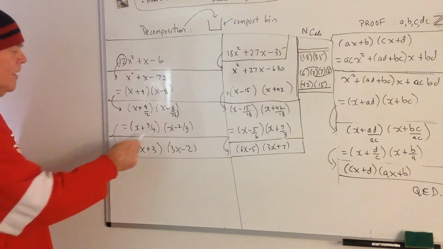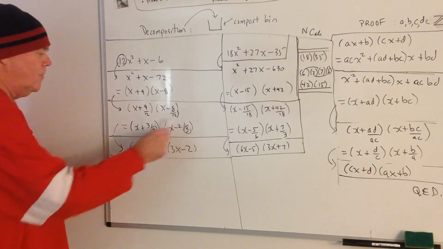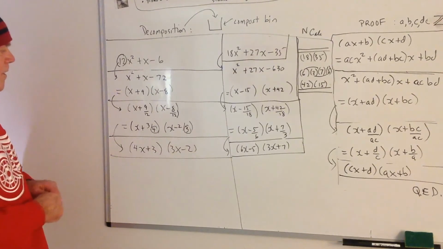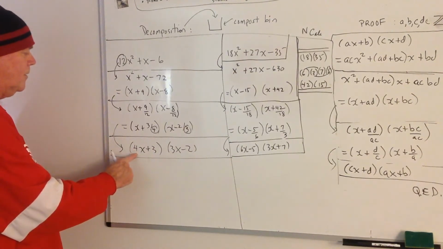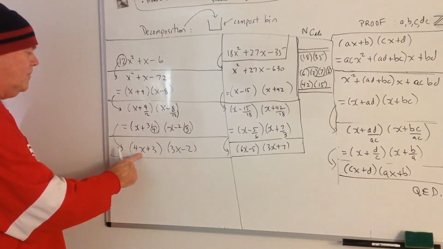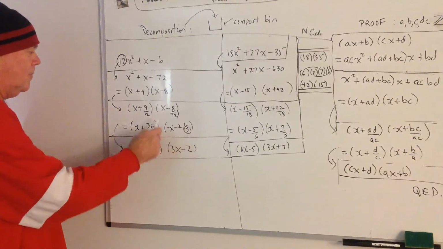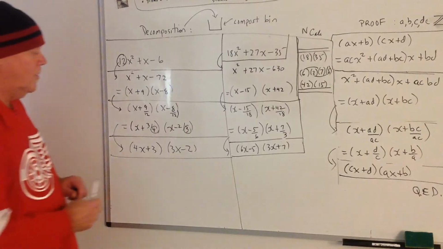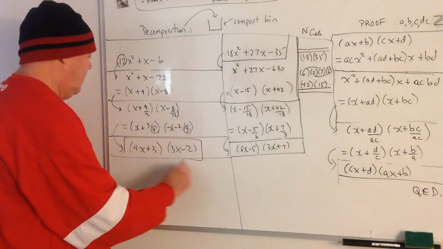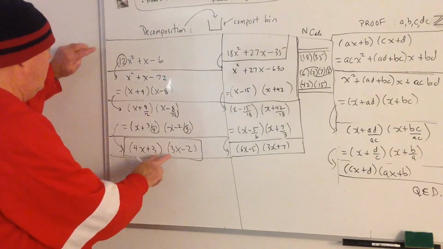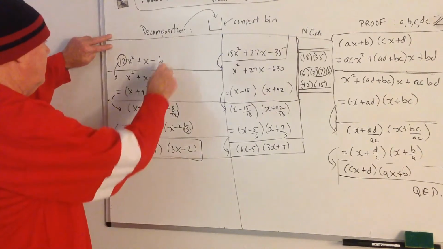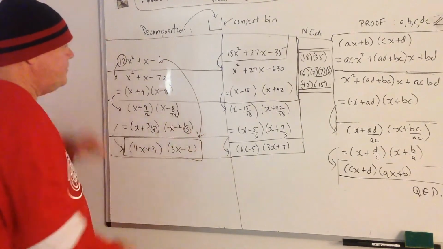If there is a denominator, which there is in both these cases, slap them on the x term up top. So the 4 comes up with the x, the 3 comes up with the x, and we are finished. These are the factors of this expression.